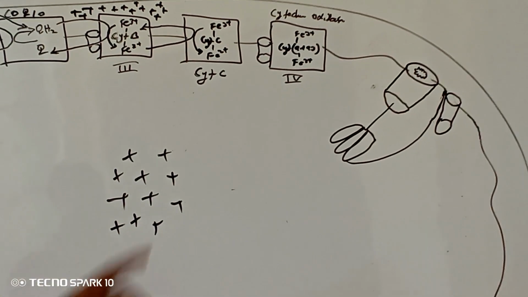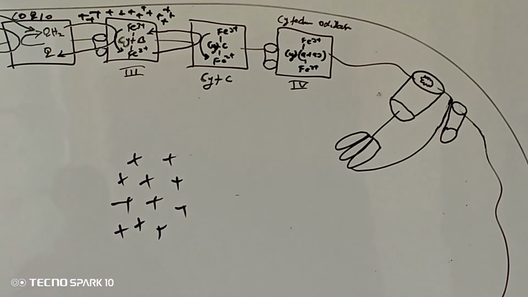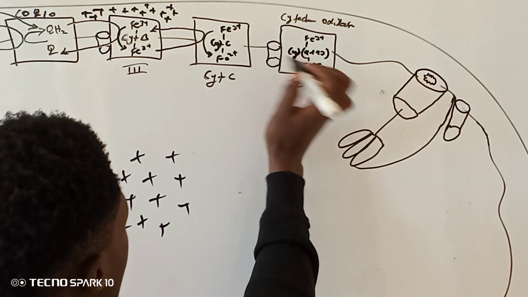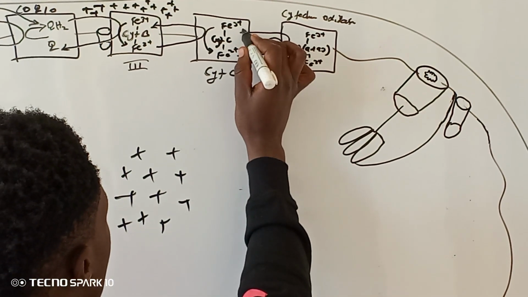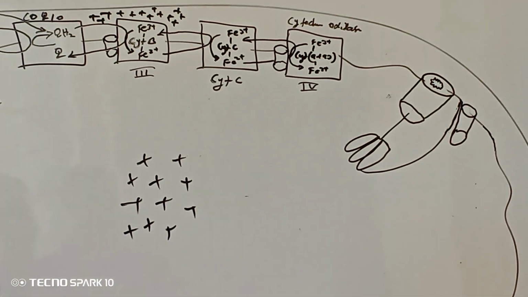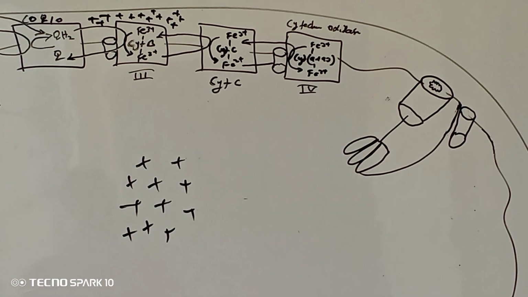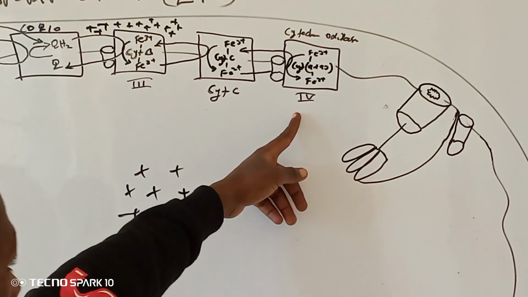Now, let's see. Iron 2 is going to pass the electrons to iron 3, and iron 3 takes the electrons and is converted to iron 2. Right. Now, where else are we going? We have reached complex 4.